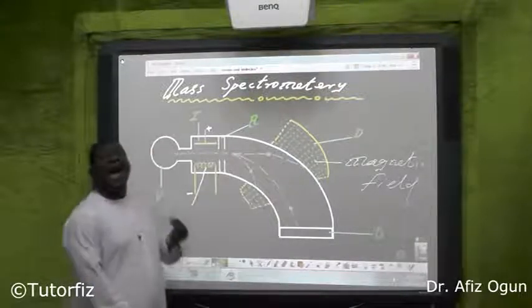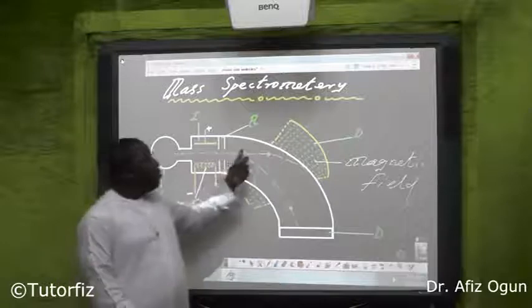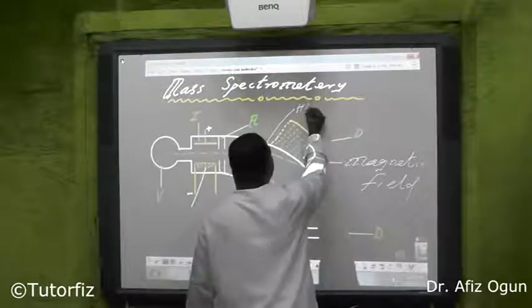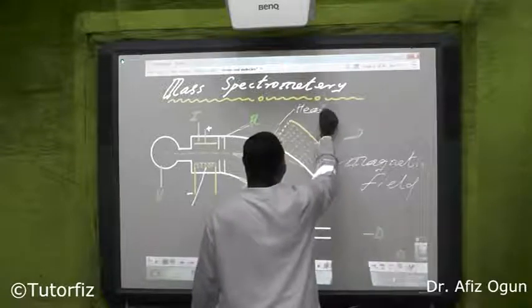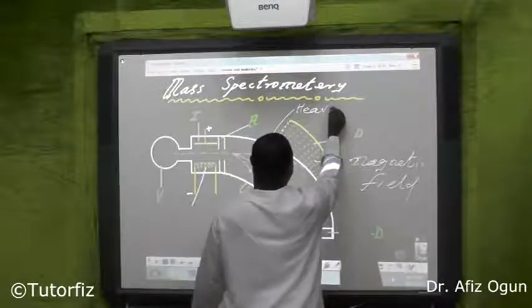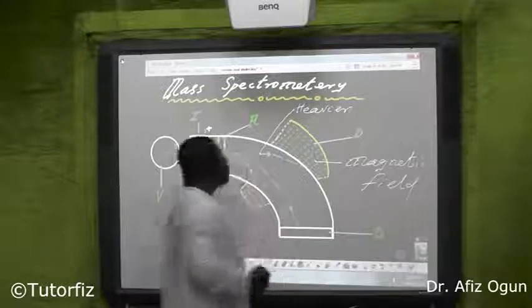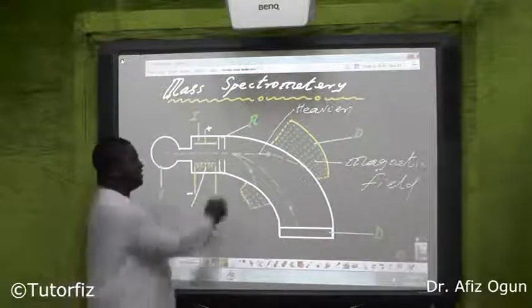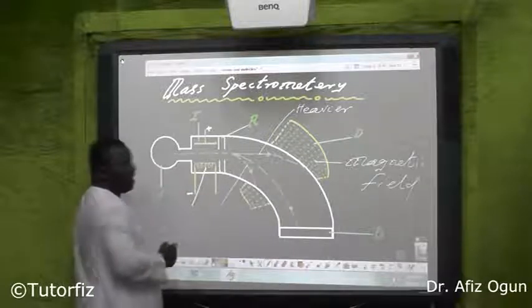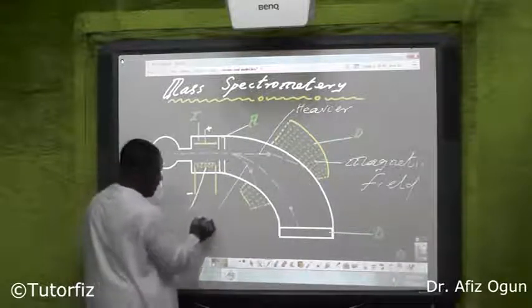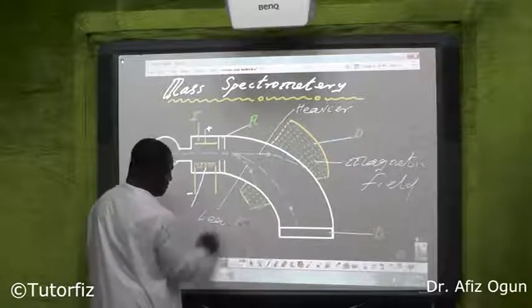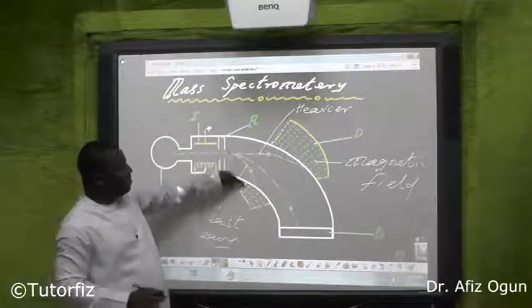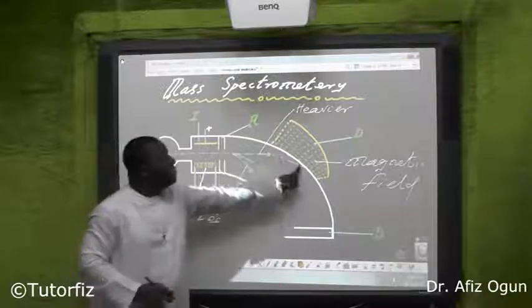A heavier atom will deviate less. This one has higher mass, heavier, so it will deviate less.